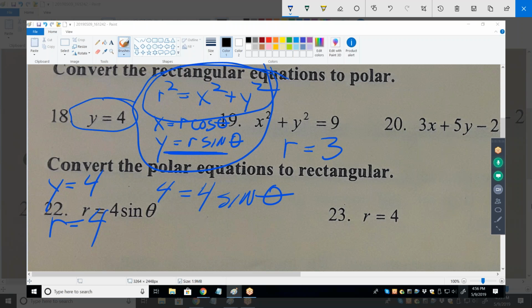It's not quite right. Do you have answers on these? I do not. No. I think, let's see, we're converting it to polar. Usually in polar you need an r and a theta. So I'm inclined to call that r. r equals 4 sine of theta would give you the horizontal line y equals 4.